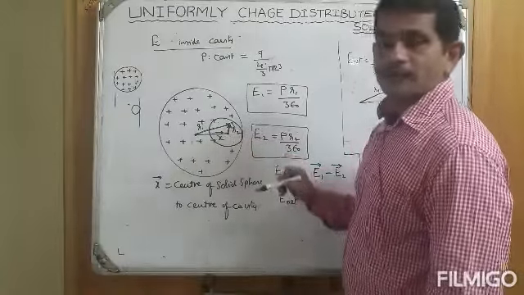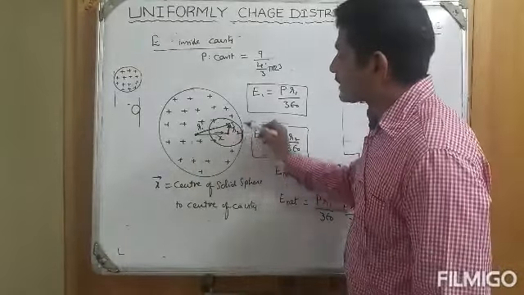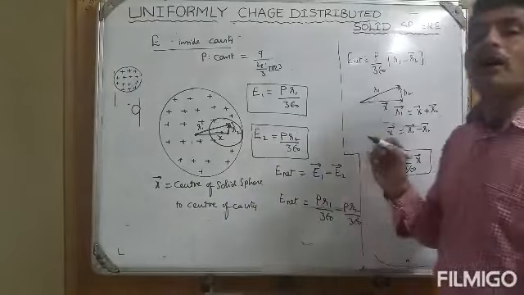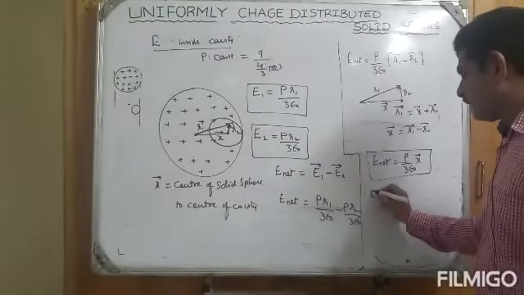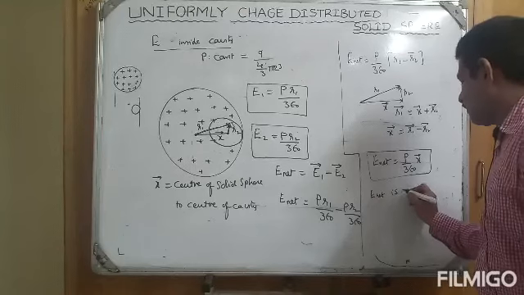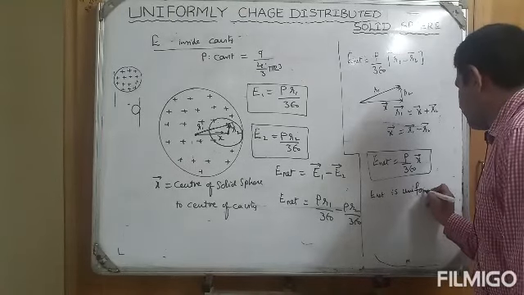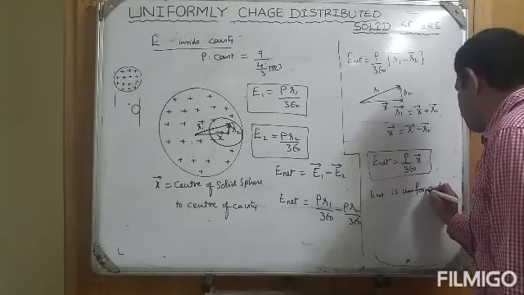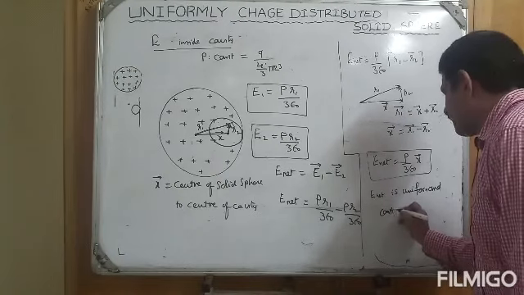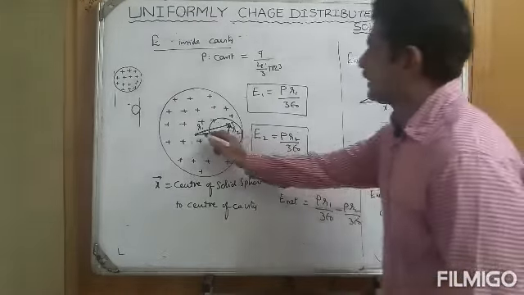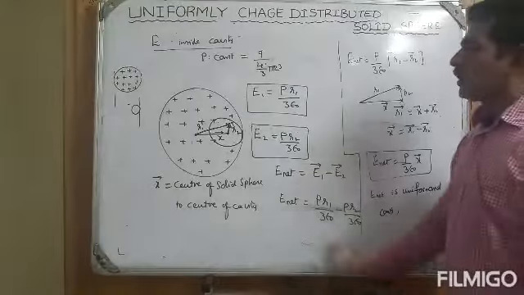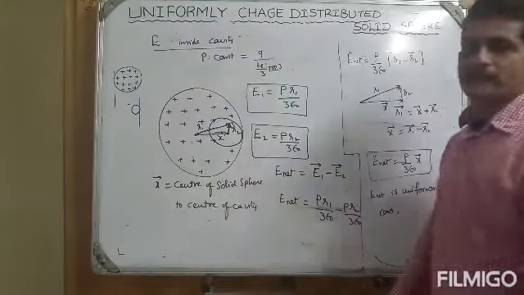This is fixed. Therefore, the electric field intensity inside the cavity is uniform and constant, in the direction of X bar, the line joining the two centers.